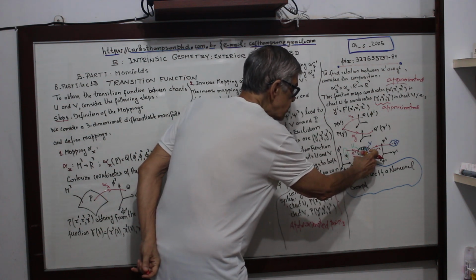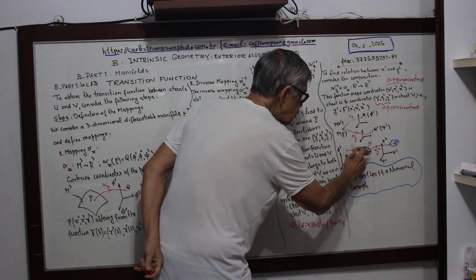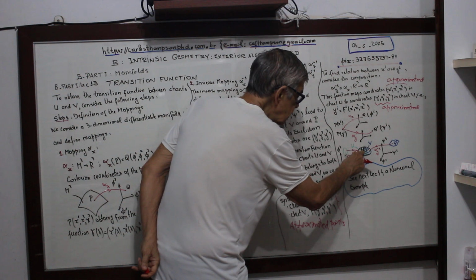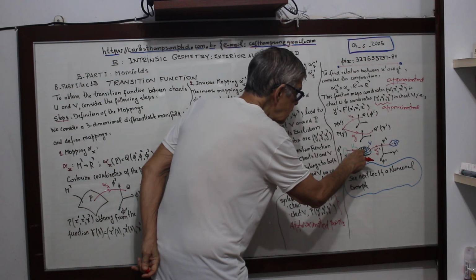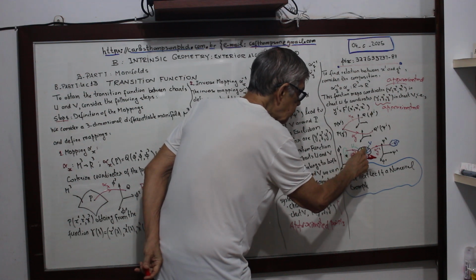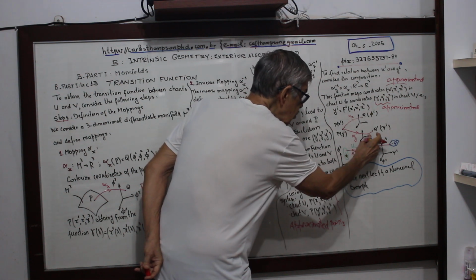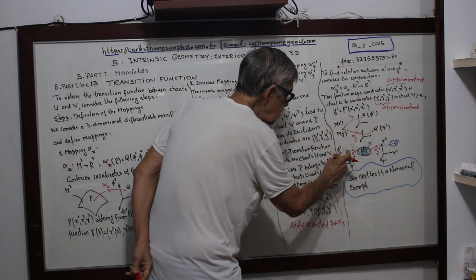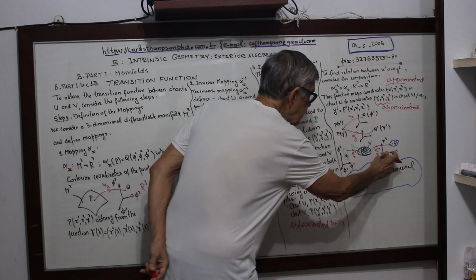For more clarity, I just set these two regions, U and V. P here inside is a point that belongs to the blue V and the green U. That's point Q and point Q prime.